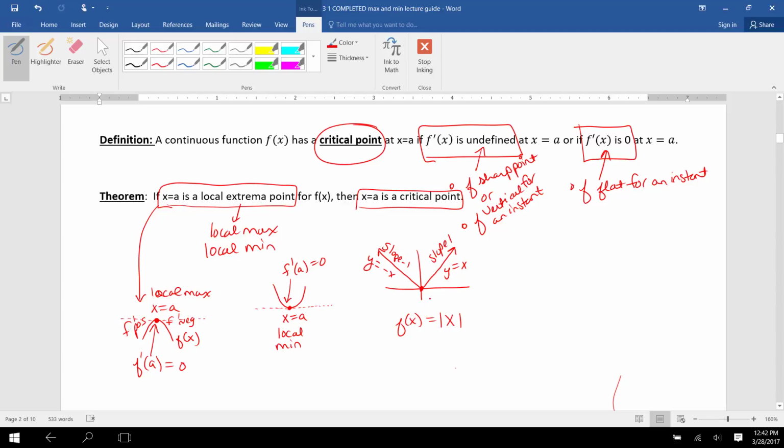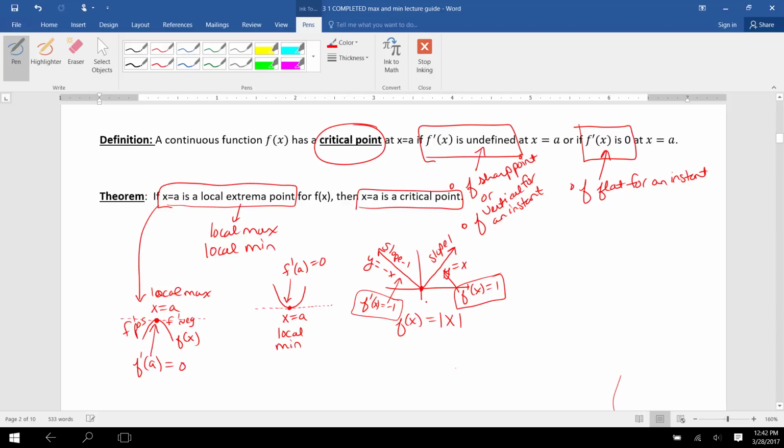So if we think about the derivative of this, over here on the left side of the origin, f prime is -1. And over here on the right side of the origin, f prime is +1.